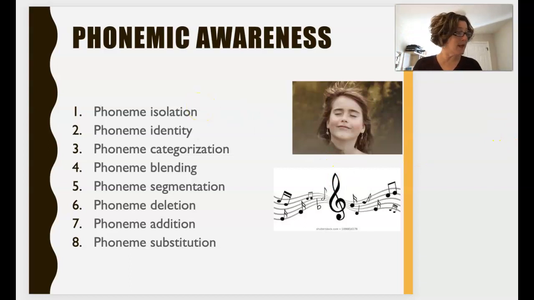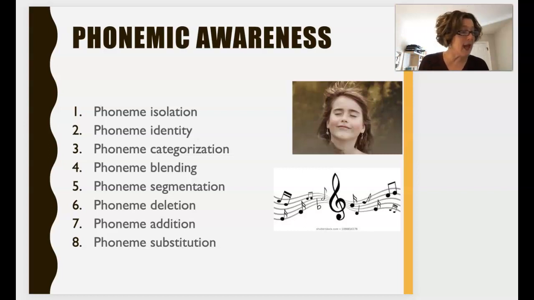Phoneme isolation is when children can recognize the individual sounds in a word, so they can isolate those particular sounds. Phoneme identity is when children can recognize the same sounds in different words, so they know that the k sound is in several different words.